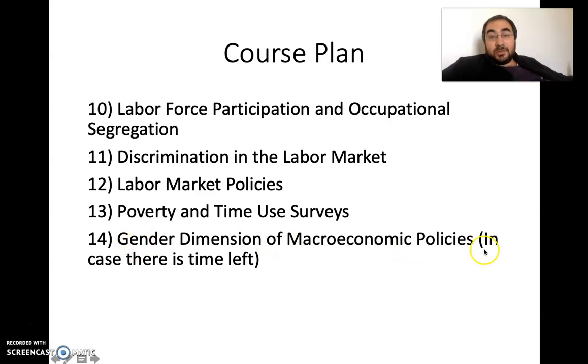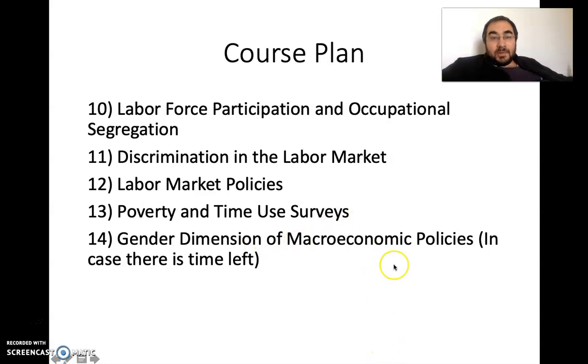It is the gender dimensions of macroeconomic policies: how macroeconomic policies can be studied taking the gender dimension into account, both in terms of how the gender dimension is affecting macroeconomic policies, and how macroeconomic policies are affecting gender relations.